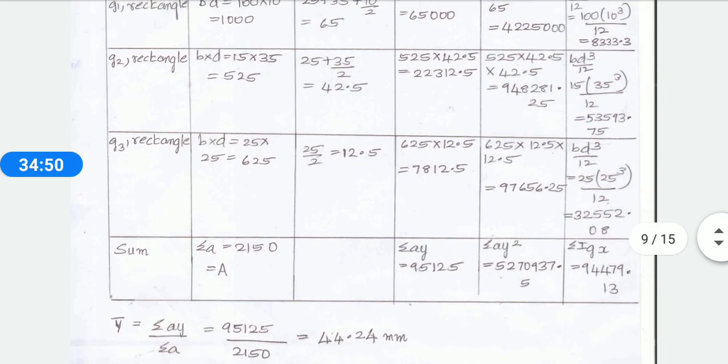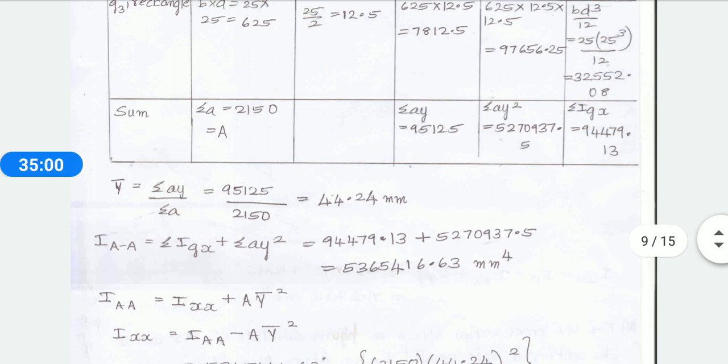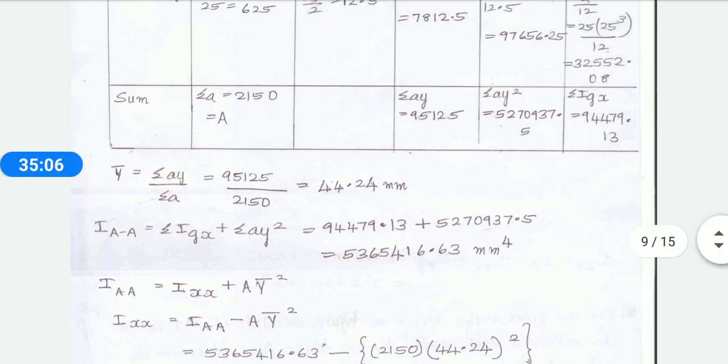After calculating everything, you need the summation of A, summation of Ay, summation of Ay square and summation of I_Gx. Substitute in the formula: y bar is summation of Ay divided by summation of A. Get the y bar value and substitute in I_AA. I have taken I_AA since I am mentioning that axis. If you mention it as I_11, that is also the same.